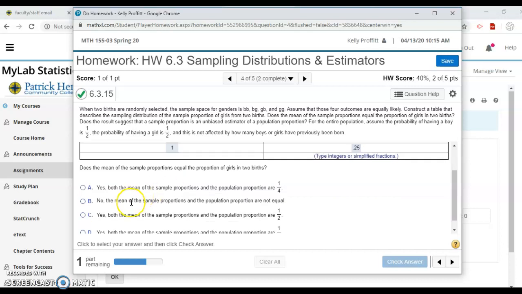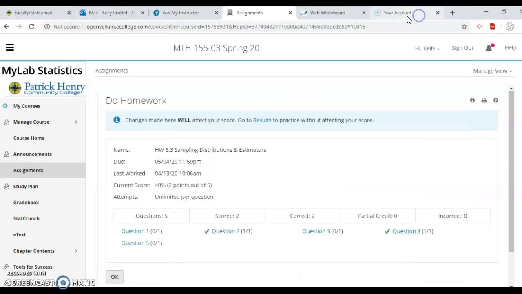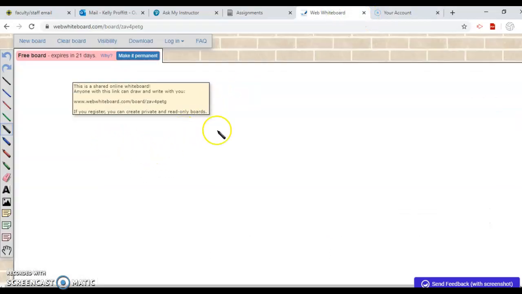And so they're asking you the mean of these sample proportions, or in other words, the average of these sample proportions. So 0, 0.5, and 1. So if you take 0, and you add that to 0.5, and you add that to 1, when you add those 3 numbers up, you get 1.5.